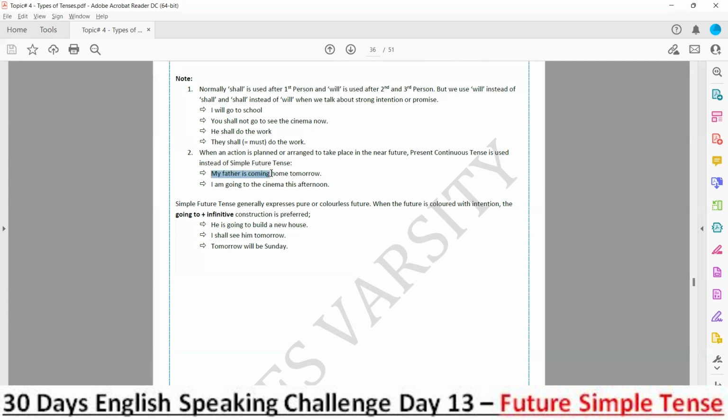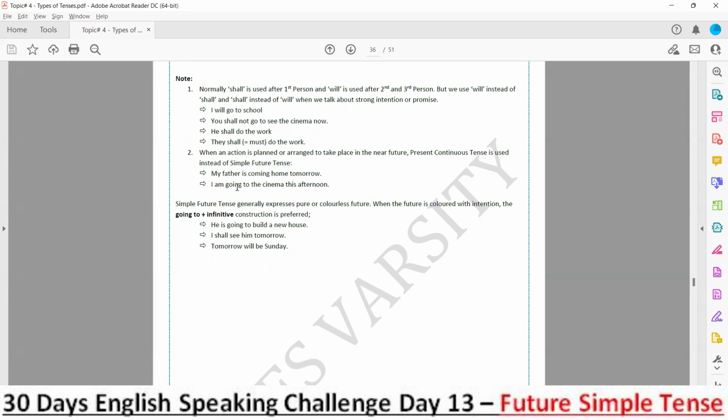Here, because it is future, I should have made a sentence in simple future tense. But in some special cases, like when an action is planned or arranged to take place in the near future, present continuous tense is used instead of simple future tense.